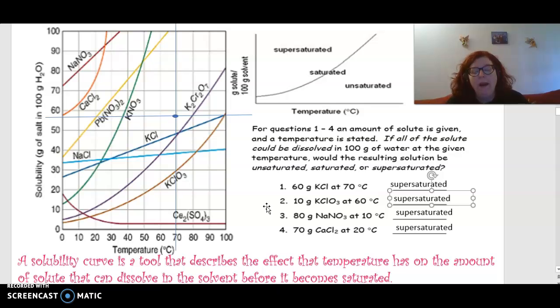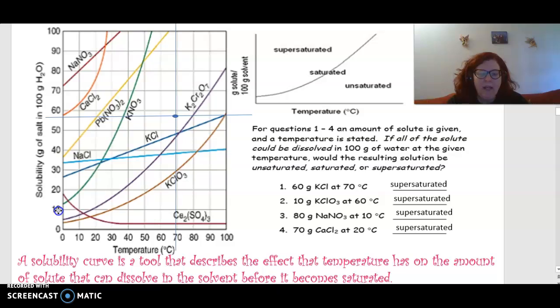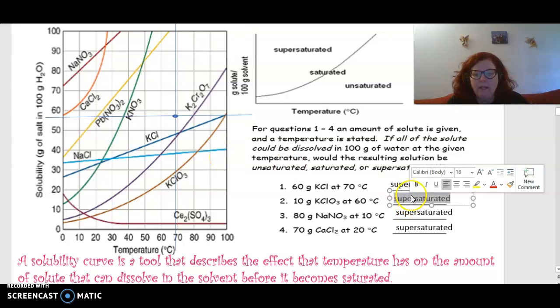All right, 2. What do we got? I got 10 grams. That's way down here. KClO3 at 60 degrees. To me, that says unsaturated.